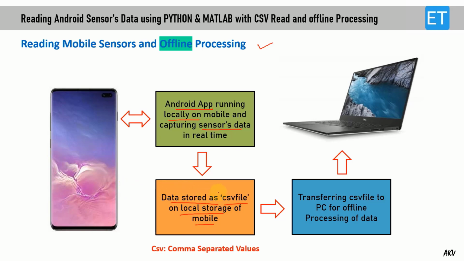So we access this CSV file and transfer it to our PC, and then process this captured data on the PC using either Python, MATLAB or any other processing software. So this is the offline mode, and in this video I will explain only this.